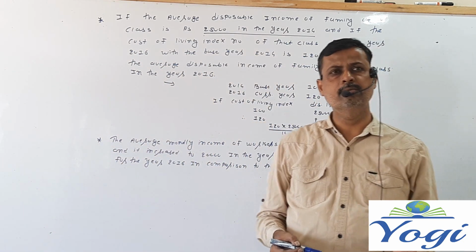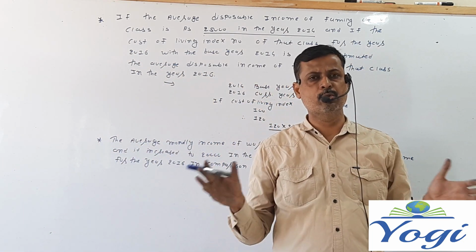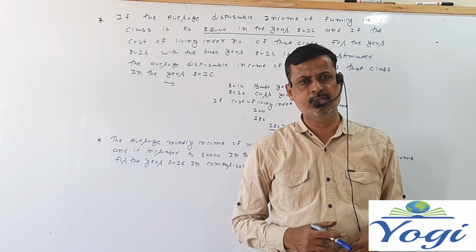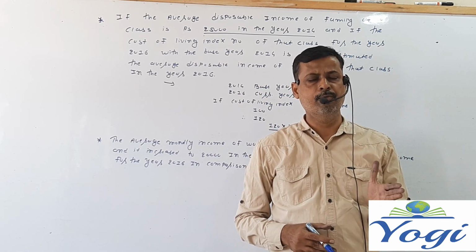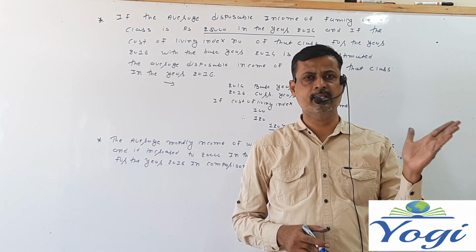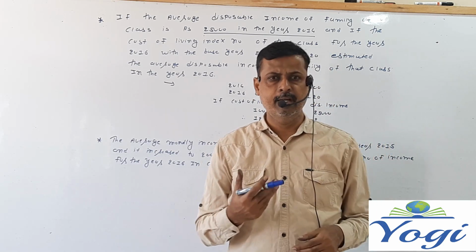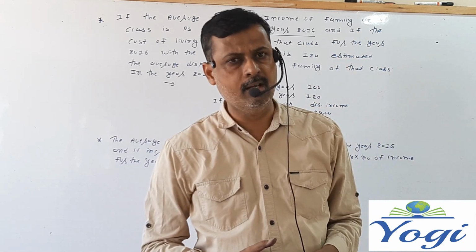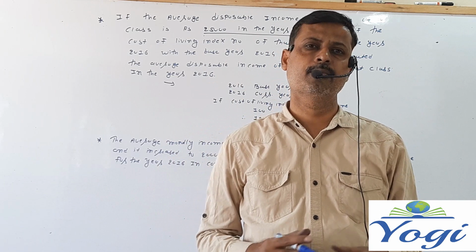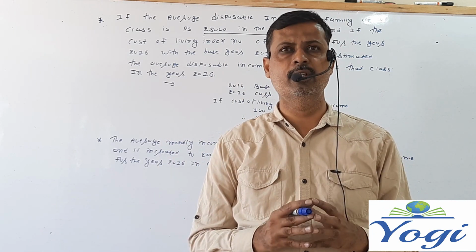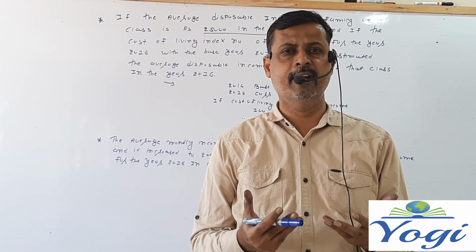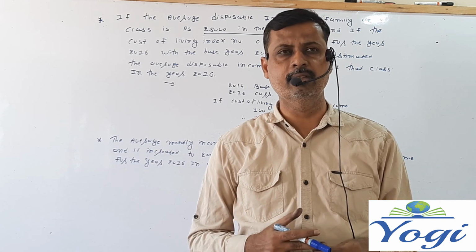Again, I am repeating. We have 2 years, 2014 and 2016. 2014 is our base year, index is 100, and 2014 disposable income is 25,000. In the year 2016, cost of living index increased to 120.